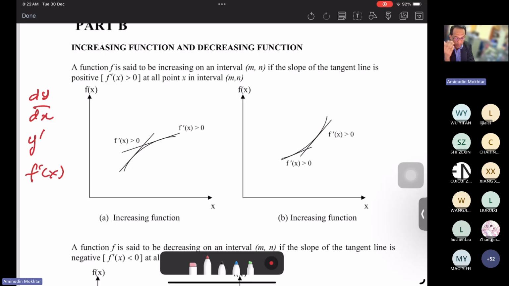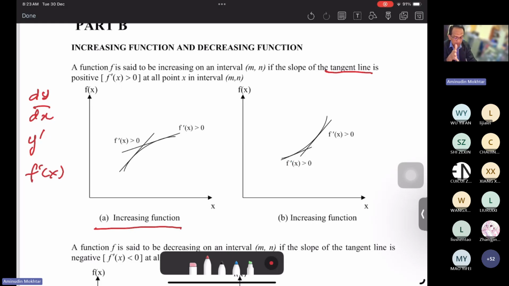In other words, the value of the differentiation is also equal to the slope of the tangent line. If the first differentiation is positive, we can say that the tangent line has a positive slope, or in other words, the function is increasing.